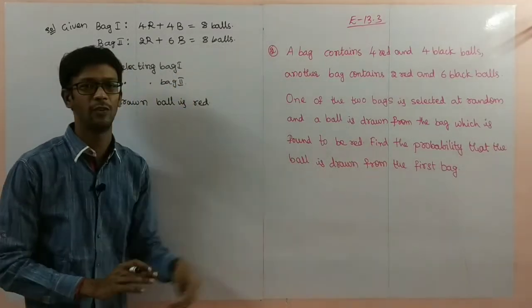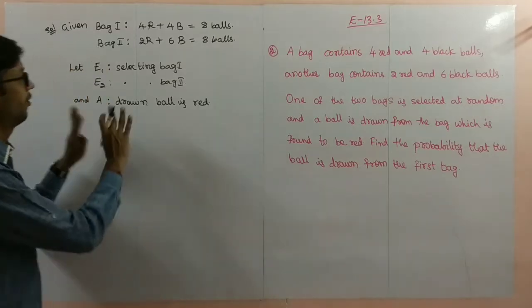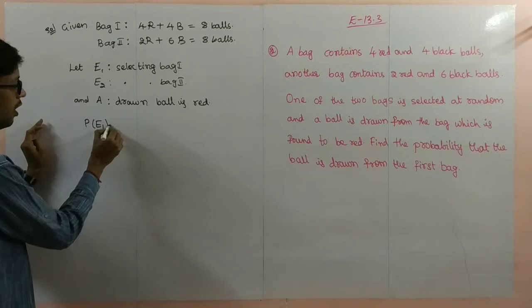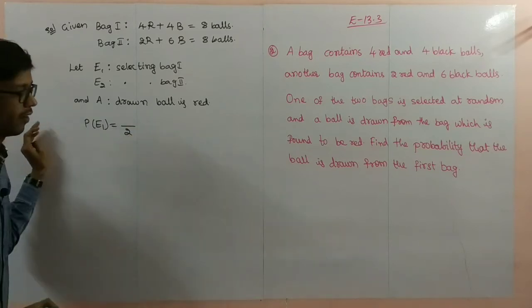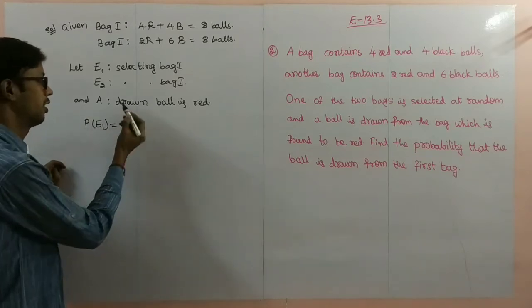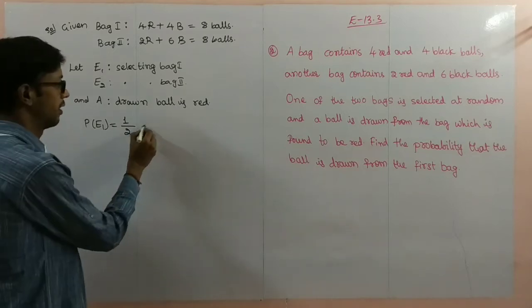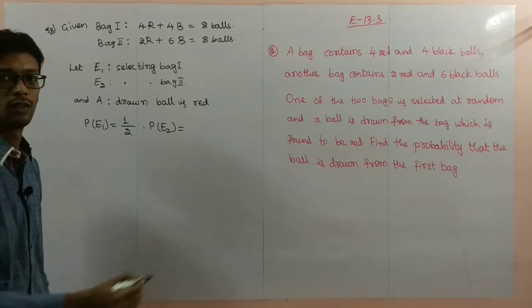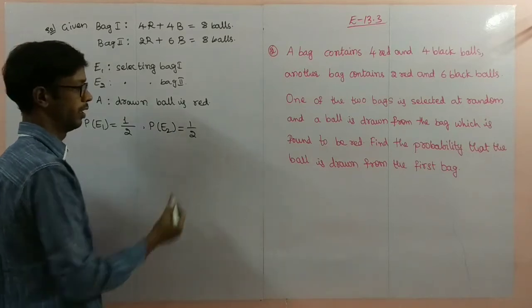So now find the probability that the ball is drawn from the first bag. First of all, these probabilities will be written. Probability of E1, total bags is 2, favorable for bag 1 selection is only 1, so 1 by 2. Next, probability of E2 is also same, 1 by 2.